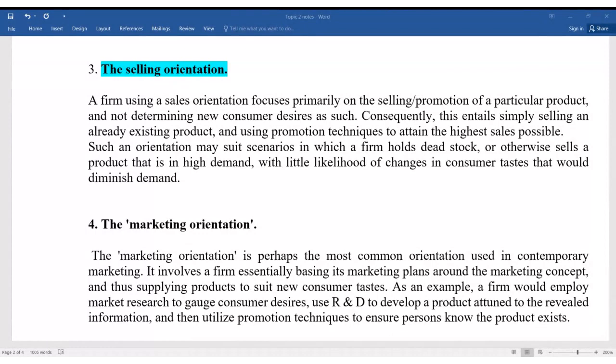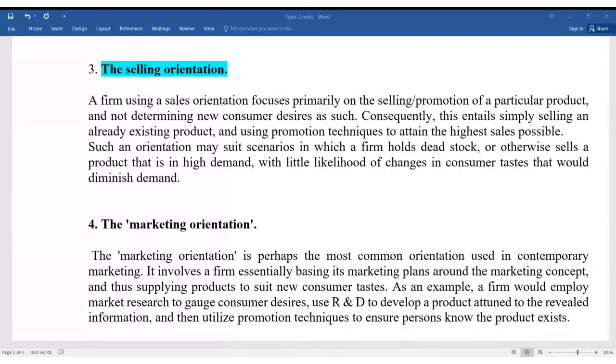The next concept is the marketing concept. This is now the modern marketing concept as we know it, as it's being applied today. This is basically the one that we defined early on, saying that it's a management process that involves identifying, anticipating, and satisfying customers' needs and wants profitably and efficiently.